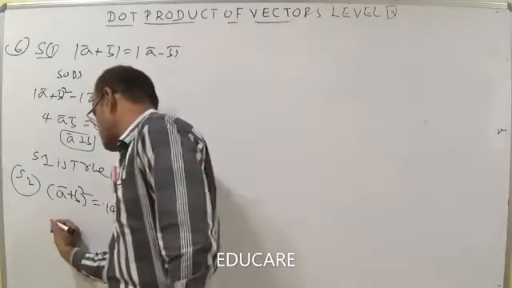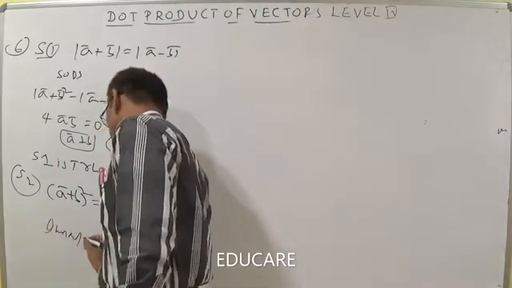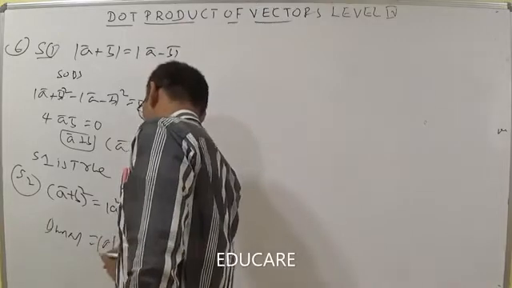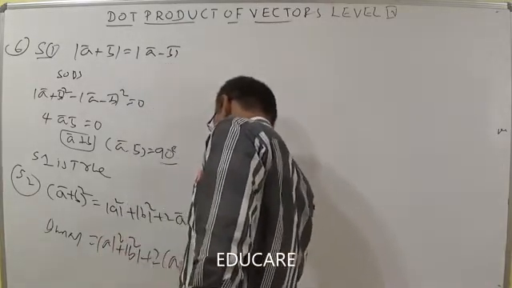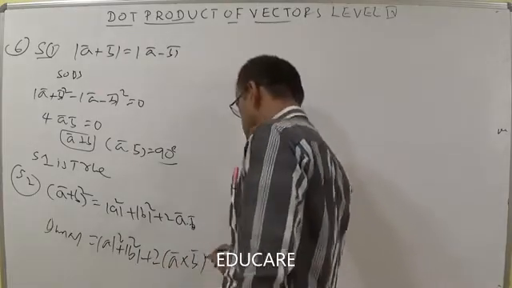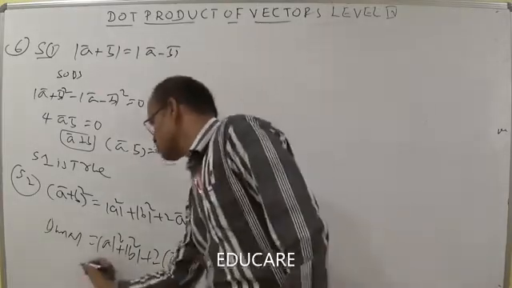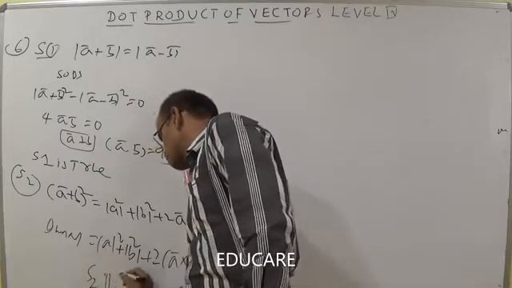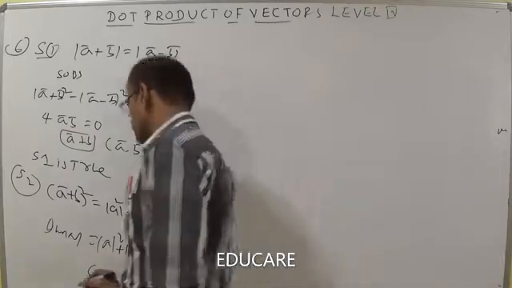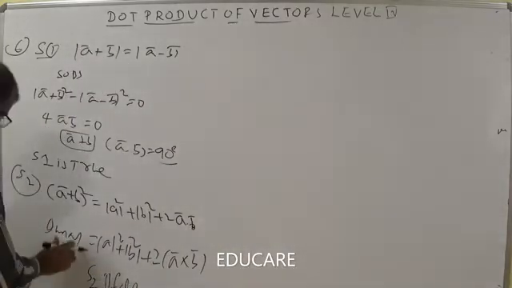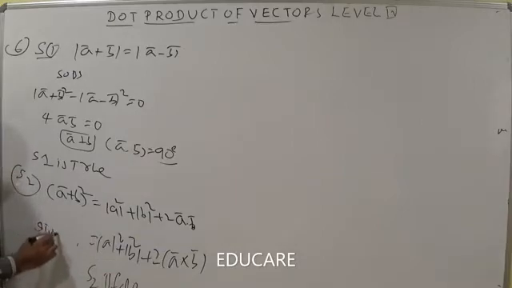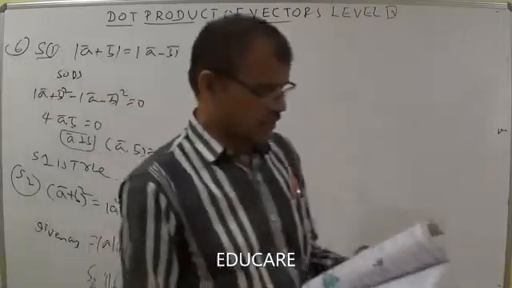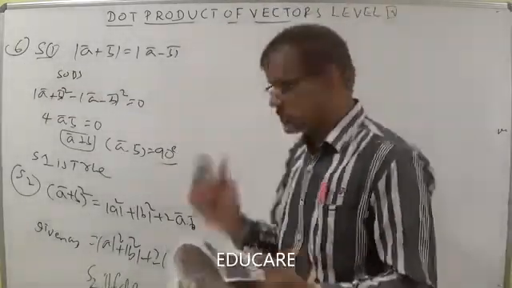But he gave mod A square plus mod B square plus 2A cross B, which is entirely different; there is a difference between dot and cross. So statement 2 is wrong. Statement 2 is false, so statement 1 only is correct. Originally he should have given it like this, but he gave it separately as A cross B. So here only one is correct, first option.